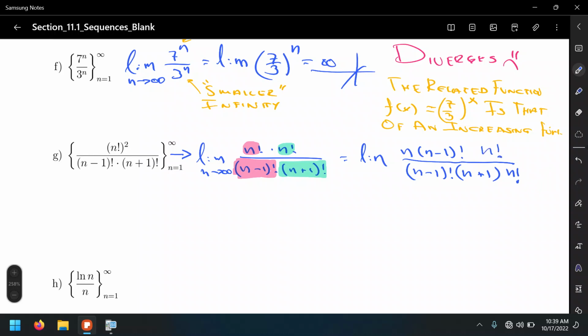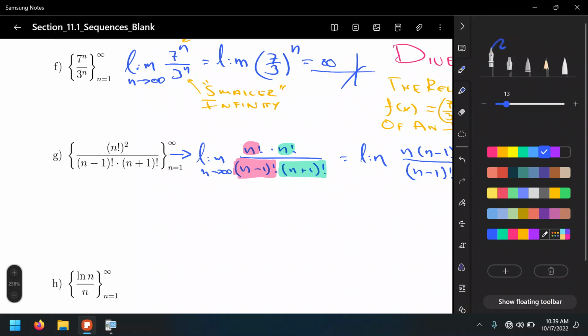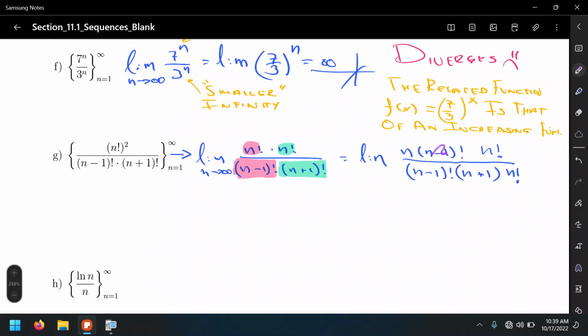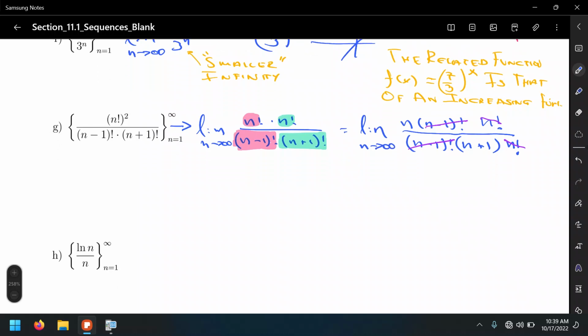So we may go about canceling the n minus 1 factorial with n minus 1 factorial, and we can cancel n factorial with n factorial. This will leave us with the following. Well, let's write down whatever survives the cancellations, and in this case it is the limit of n over n plus 1 as n approaches infinity. And what's this limit equal to?